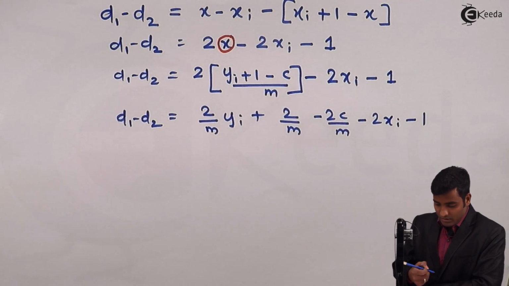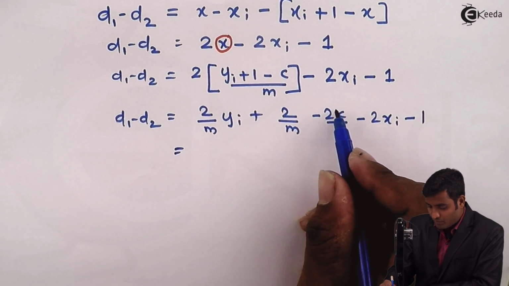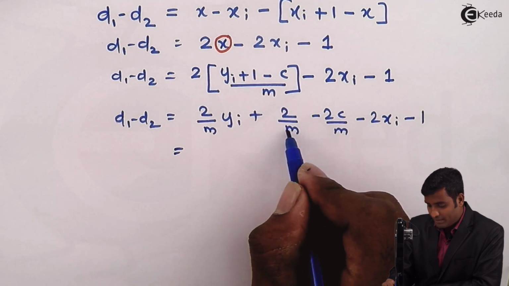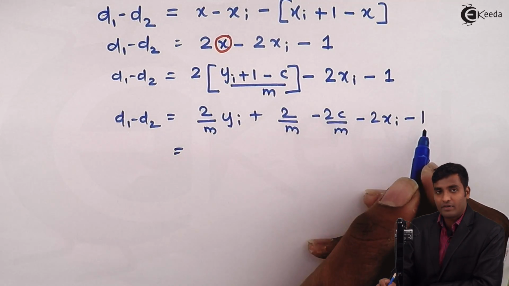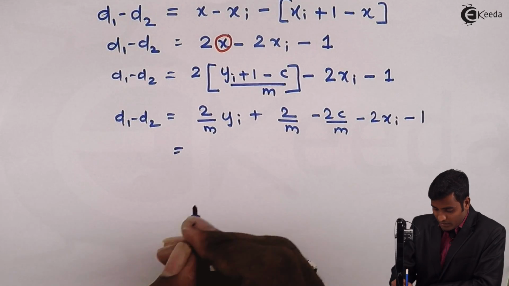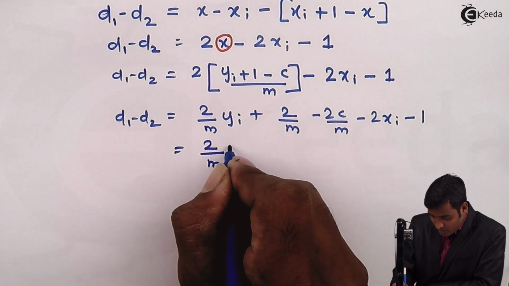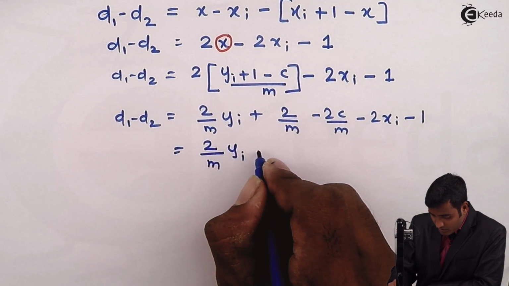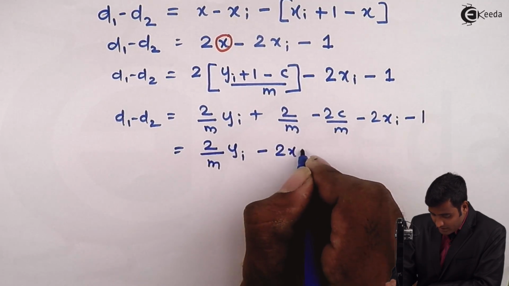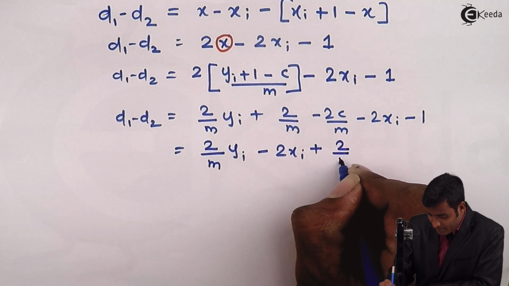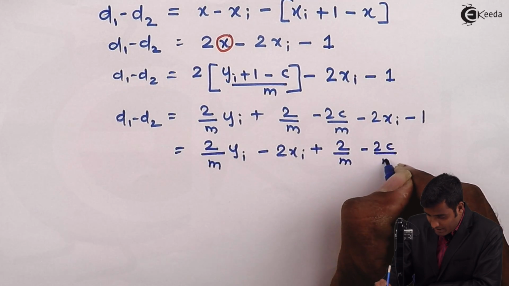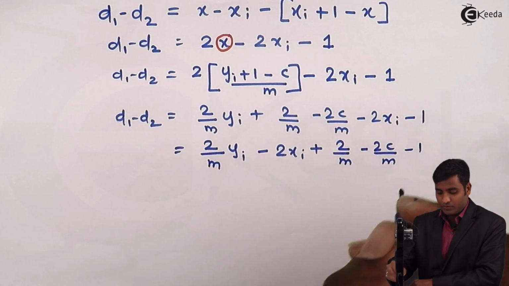I will rearrange so that I can put 2 by m, 2c upon m and 1 as one single variable. So I am rearranging: minus 2xi plus 2 by m minus 2c by m minus 1.